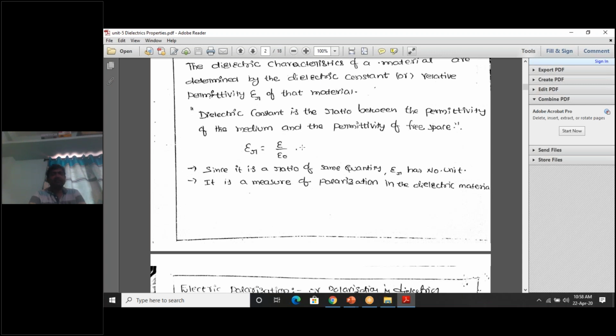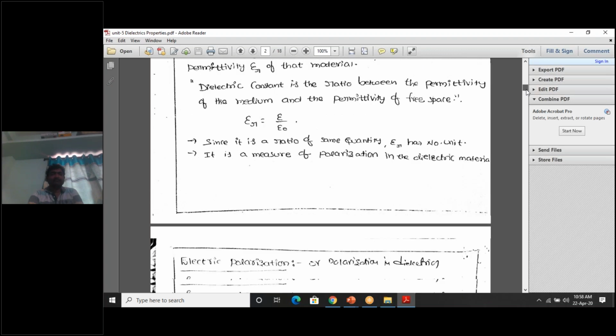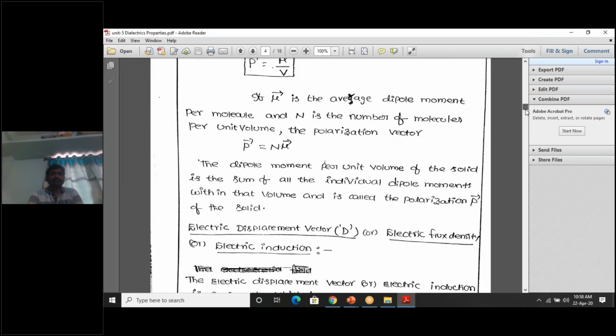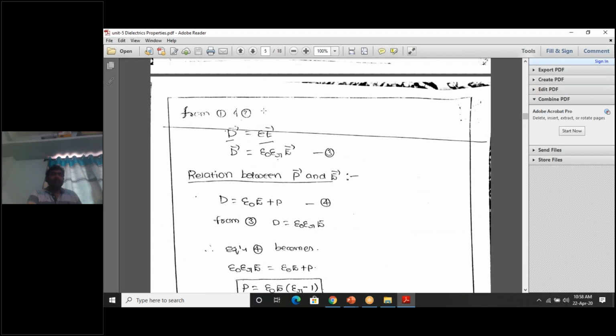So from this definition, what is the value of epsilon? Epsilon is equal to epsilon r into epsilon naught. Substitute that value here. So D bar, the electric displacement vector, is epsilon naught into epsilon r into E.